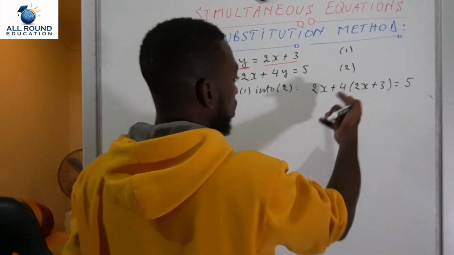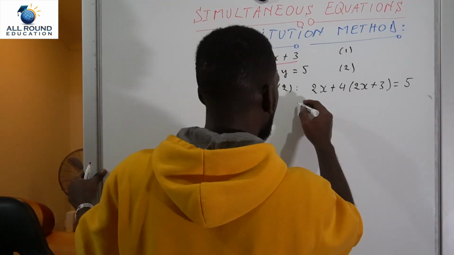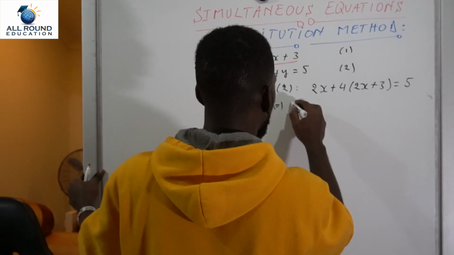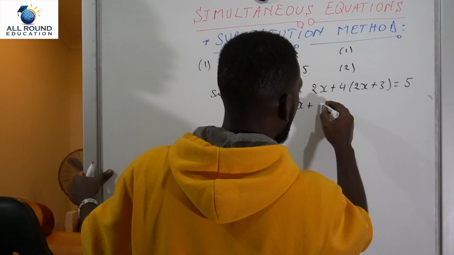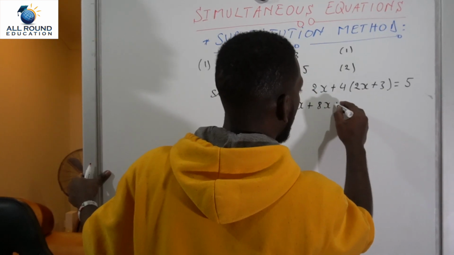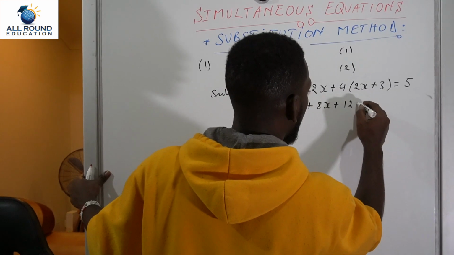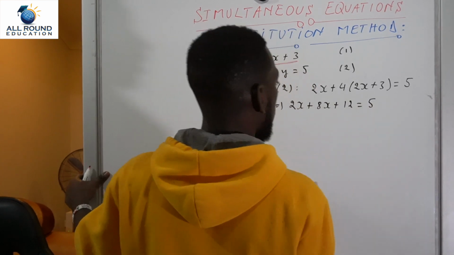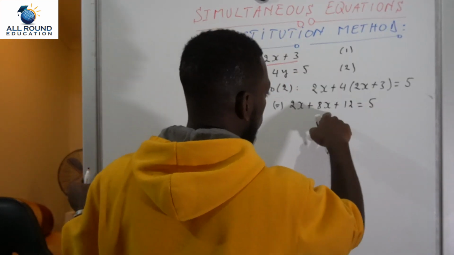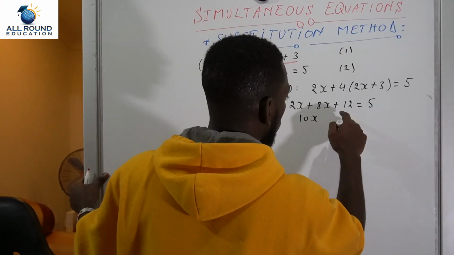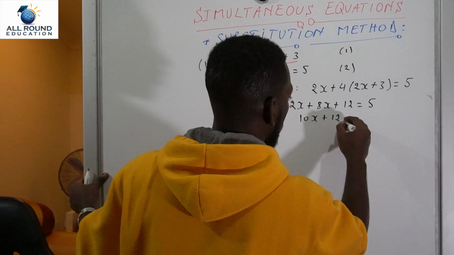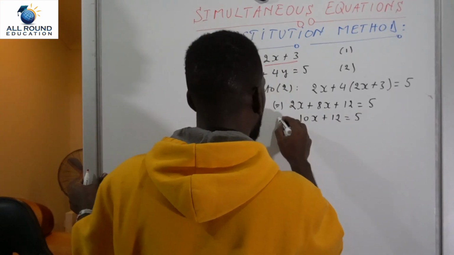Now let's solve this. This is a linear equation, right? So this is equivalent to 2x plus 4 times 2x, which is 8x, plus 4 times 3, which is 12, is equal to 5, right? Now 2x plus 8x is 10x plus 12 equals 5, right?